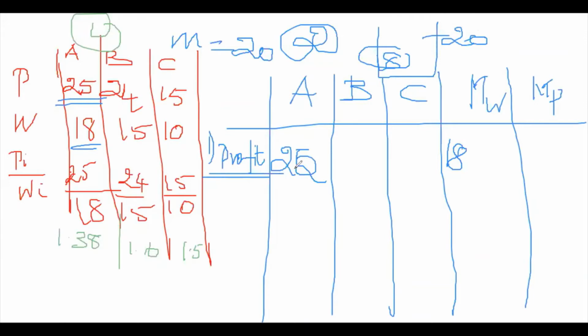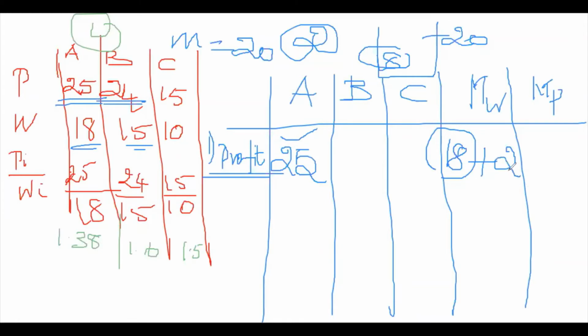The first profit is already chosen. What about the next maximum profit? You have to fit it into the knapsack capacity. The next profit is 24, and its weight is 15. But you can take only 2 of that, because 18 is already allocated and the remaining balance is only 2. So here you can add only 2.